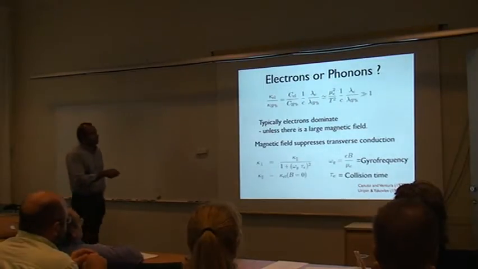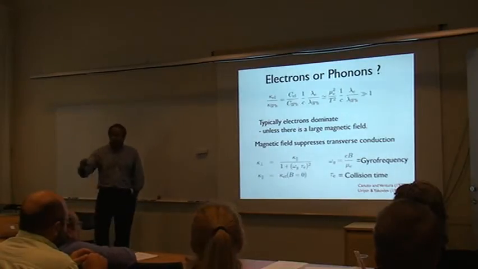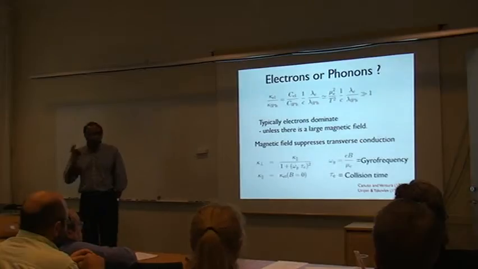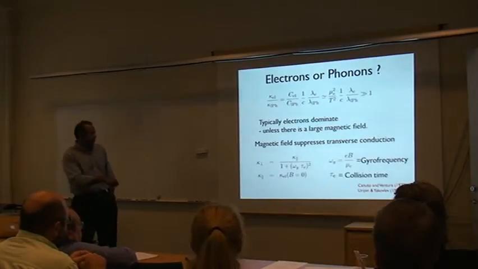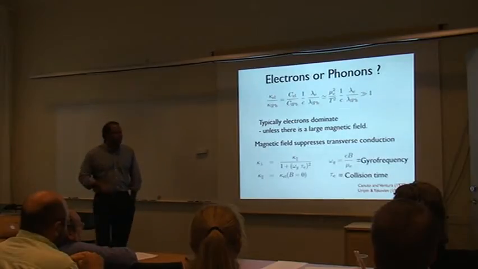The answer is no. There may be circumstances in which the magnetic field can suppress electron propagation transverse to the field. And this was worked out, as we heard yesterday, by several people, including Dima here.